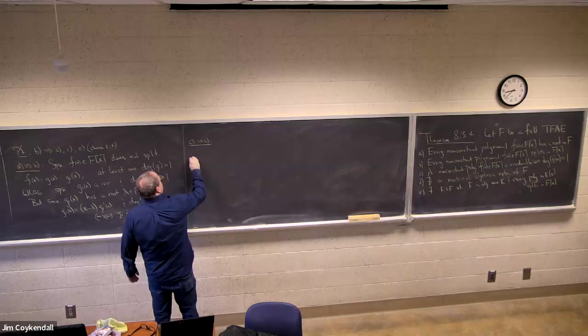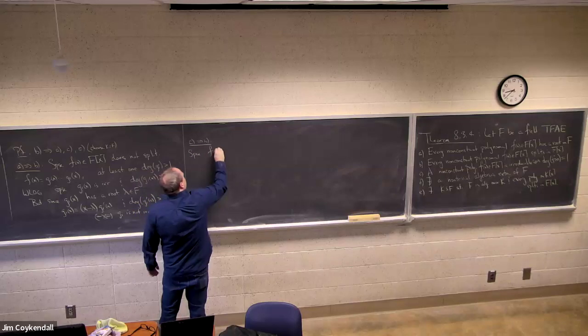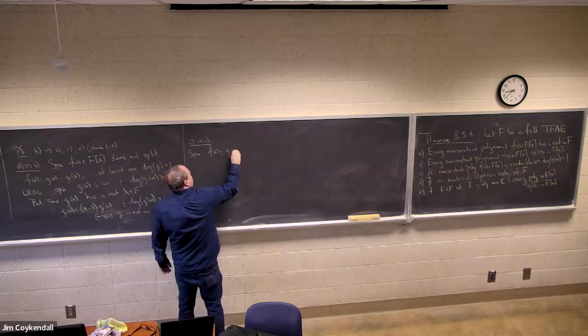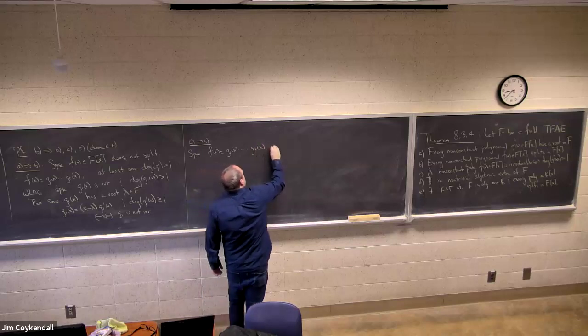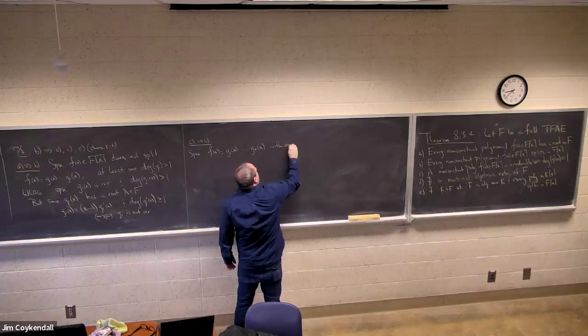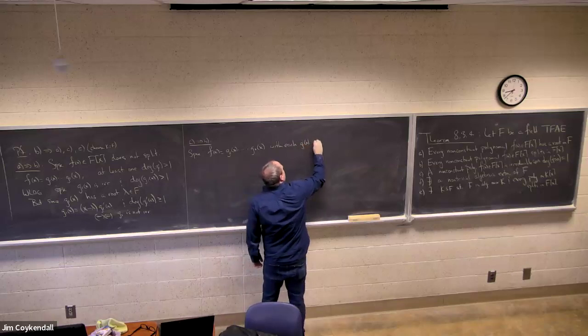This is very similar to the previous one. Suppose f(x) is g1(x) through gt(x) with each gi(x) irreducible.